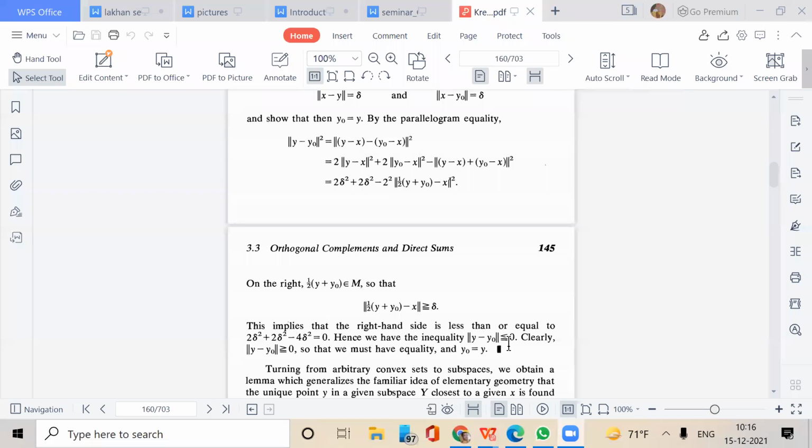Hence we must have norm of y minus y naught less than or equal to 0, because norm of y minus y naught square is less than or equal to 0, as we proved. But clearly norm of y minus y naught is greater than or equal to 0 by property of norm. So that we must have equality, y naught is equal to y. Hence proved.